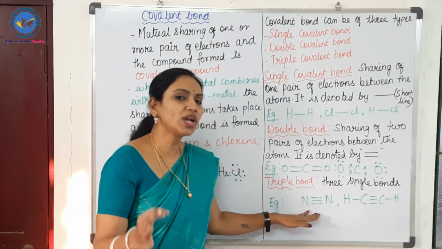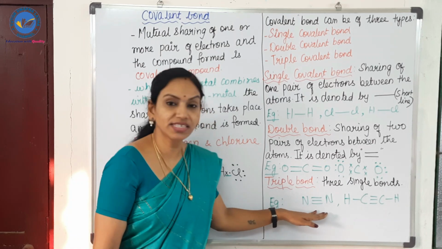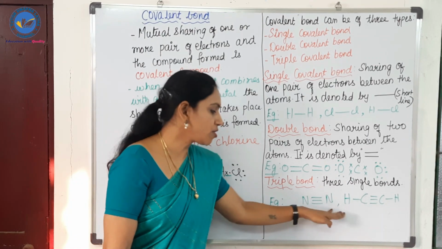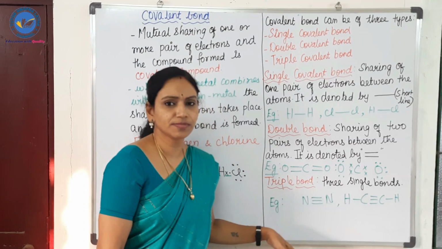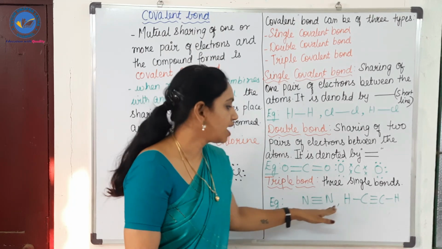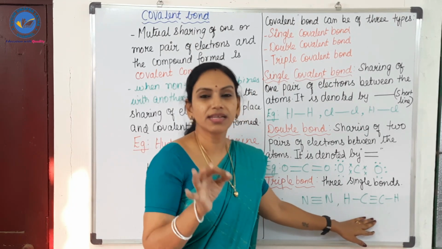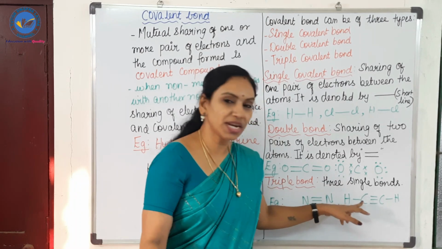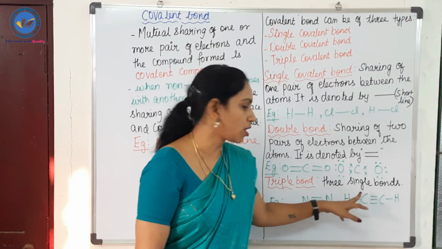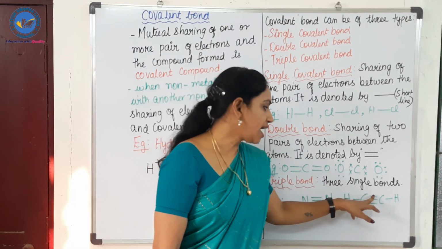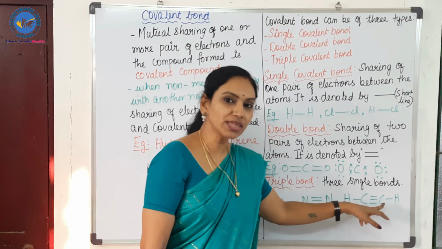A very good example for triple bond is nitrogen. Both are the same atom, so nitrogen and nitrogen form a triple bond between them. Then this is ethyne, that is an alkyne. Carbon's valency is 4, so it forms only one bond with hydrogen and another 3 bonds with the other carbon.